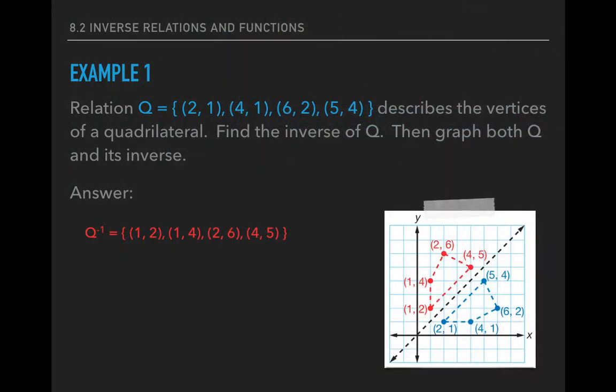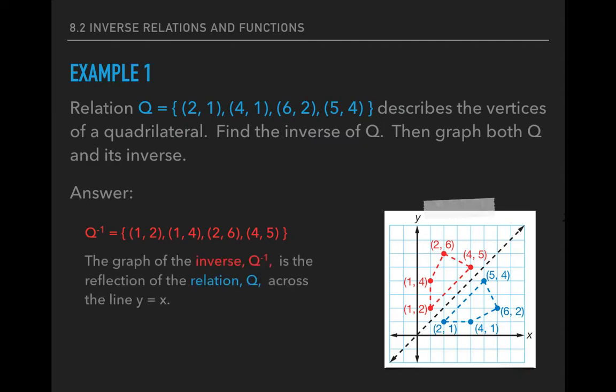Let's look at this graphically. When you take and flip the x and y values, the blue is what we started with. And after flipping, you have that red object. If you could imagine folding that graph along that dotted line, you would see that we have a perfect reflection on either side of that dotted line.